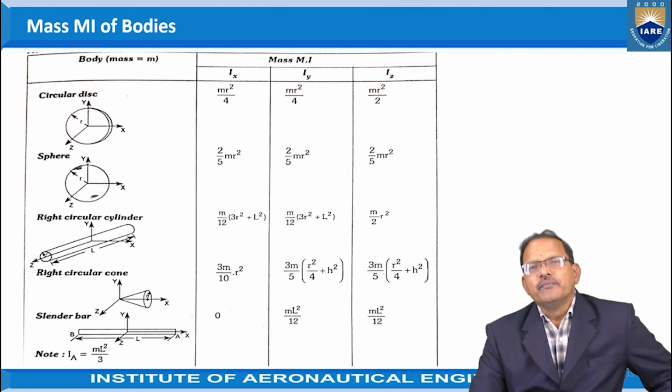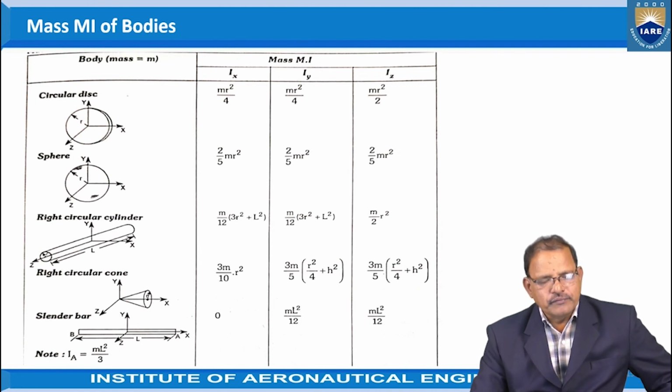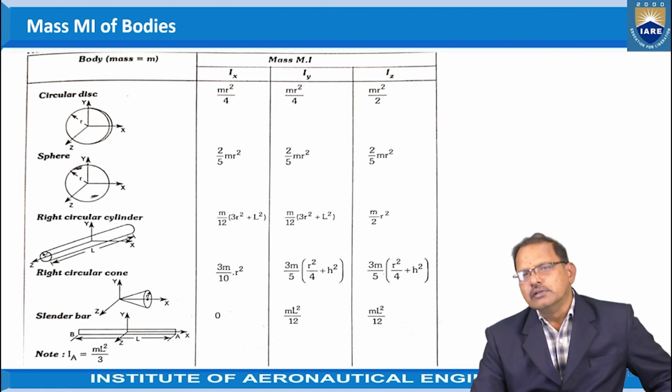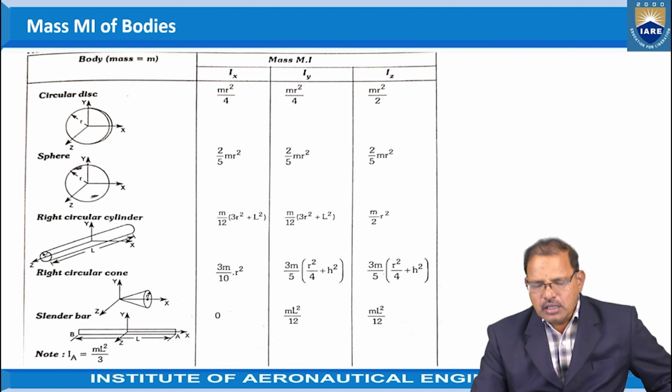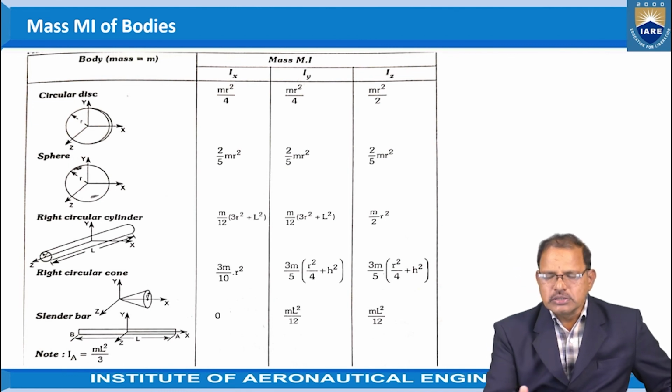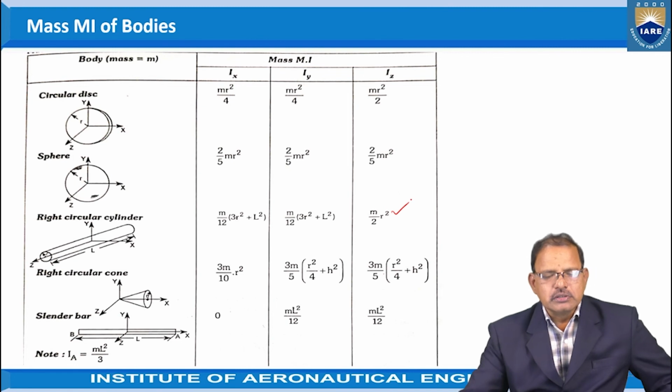Now, the mass moment of inertia of a right circular cylinder is equal to m by 12 into 3r square plus l square along the x-axis. Similarly, along the y-axis it has the same value, m by 12 into 3r square plus l square, and along the z-axis it is equal to m by 2 into r square. It is similar to the circular disc.